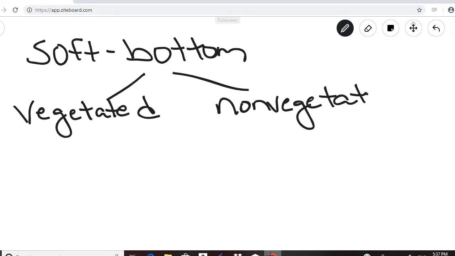So that's one type of habitat, soft bottom, vegetated and non-vegetated. And then we are going to talk about hard bottom.